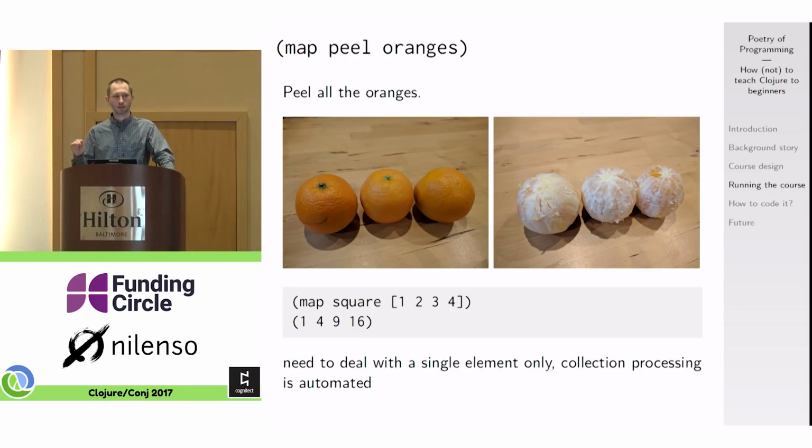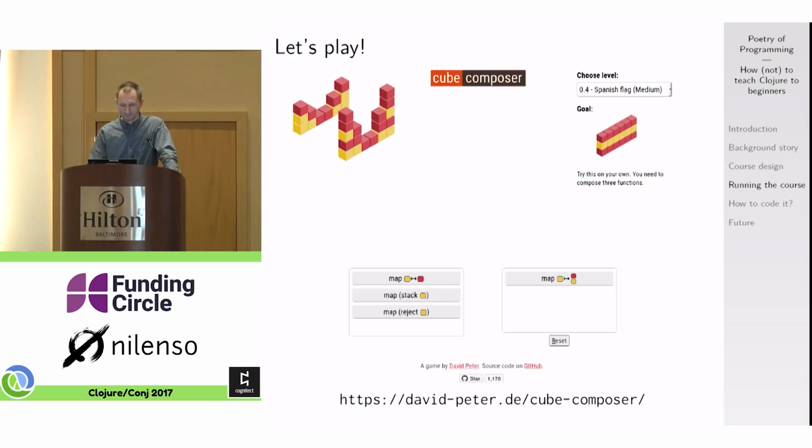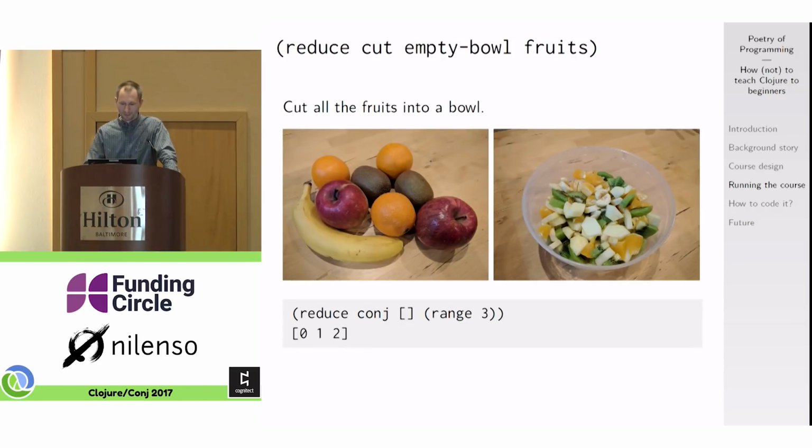And strangely enough, even students with no previous programming background sort of try to do it. It's like, okay, I understand map, but I still have to go through the collection somehow. So it's an interesting fact. And yeah, you should try this game, maybe not now, but I think this game can teach you functional programming in a very entertaining way.